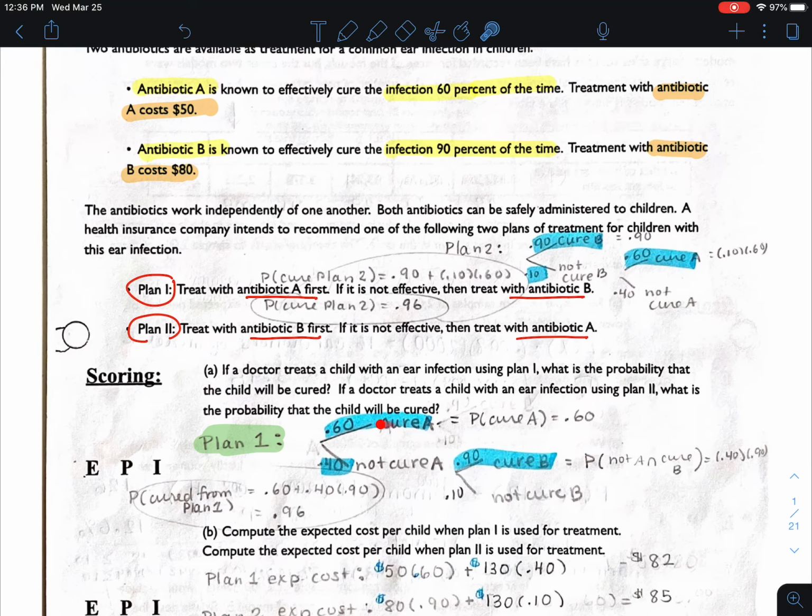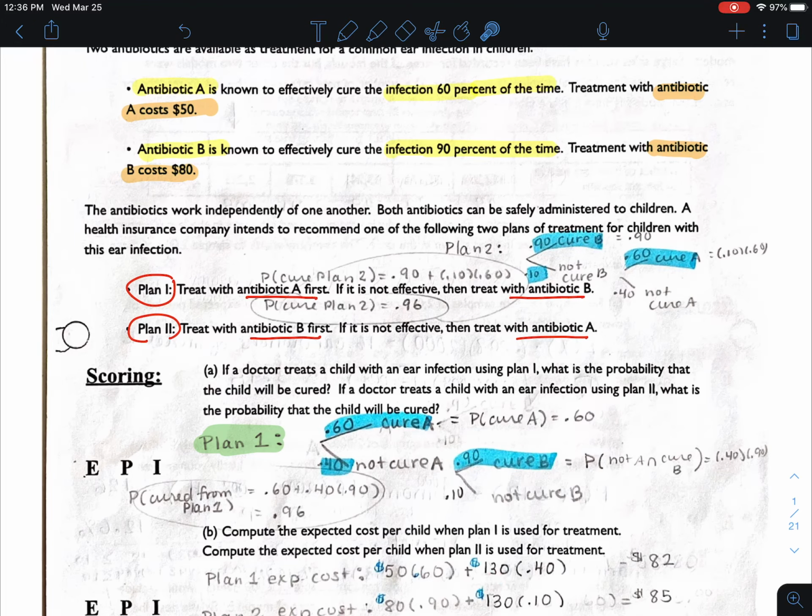But if you're down here at the 40% where you're not cured by antibiotic A, now you're forking out this other $80. So 40% of the time you've spent the initial 50 and then an extra 80 on top of that. That's why this is a 130.